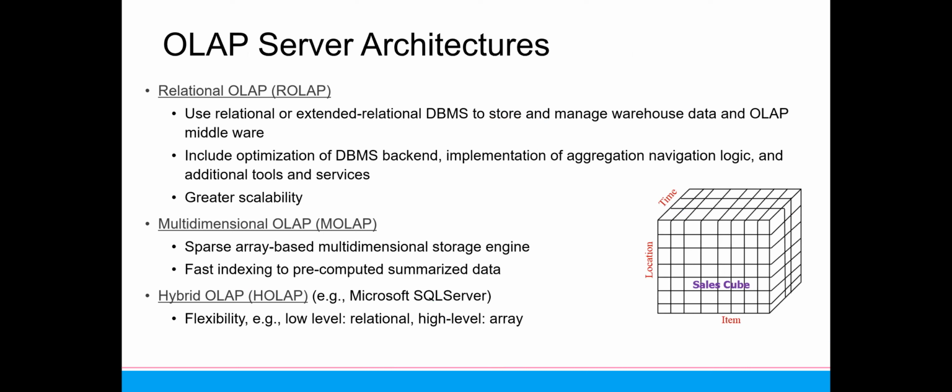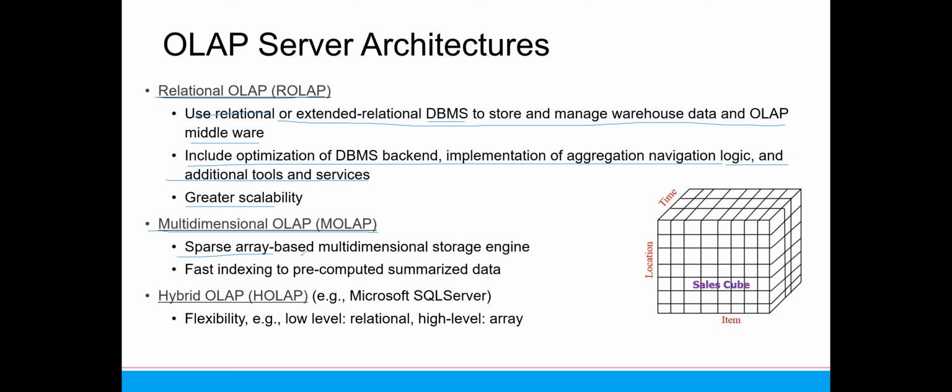So the OLAP architecture will be different if you are dealing with the DBMS. DBMS, it is the database management system. We can have the relational OLAP or ROLAP. It uses relational or extended relational DBMS to store and manage warehouse data and OLAP middleware. It includes optimization of DBMS backend, implementation of aggregation navigation logic, and additional tools and services. It shows a greater scalability. But there's another kind of OLAP, which we call multidimensional OLAP.